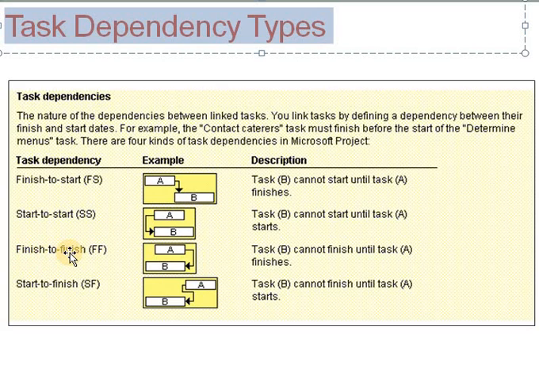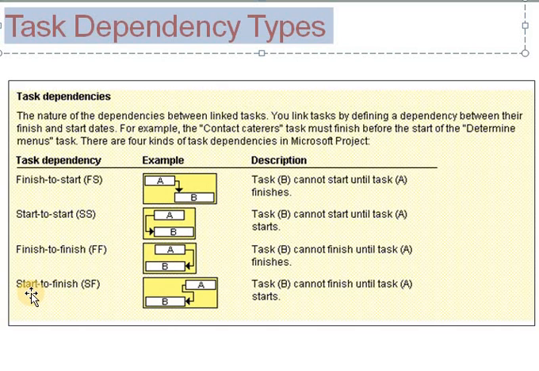Finish to finish dependency is represented by FF. Here in the diagram, you all can see the task B cannot finish until task A finishes.